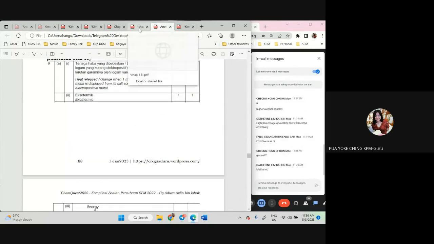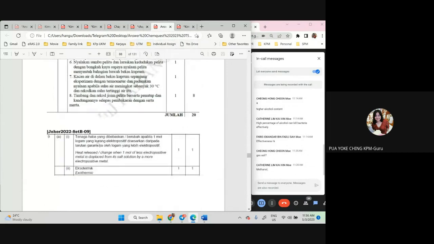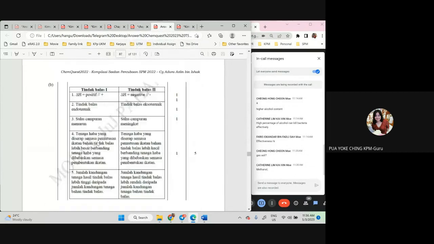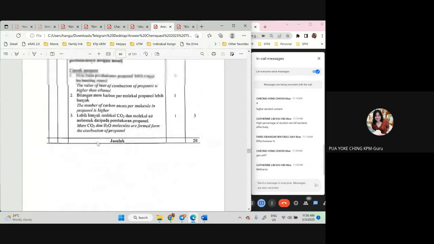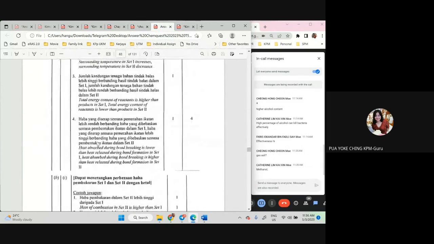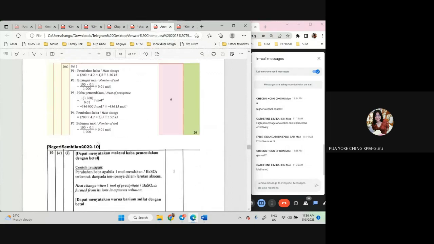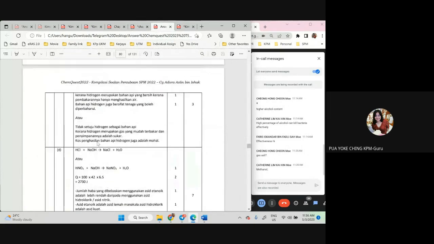Gas asli. Okay, Kasim kata dia pilih methanol. Bila kita tengok answer skip. Ayo. Masalahnya saya tak tahu dia area mana.